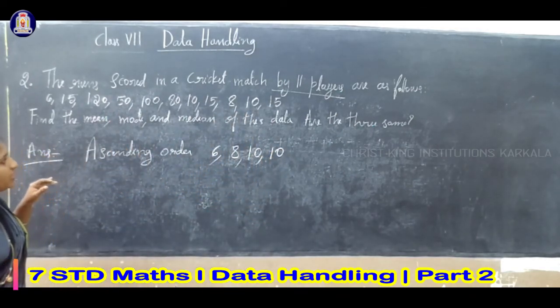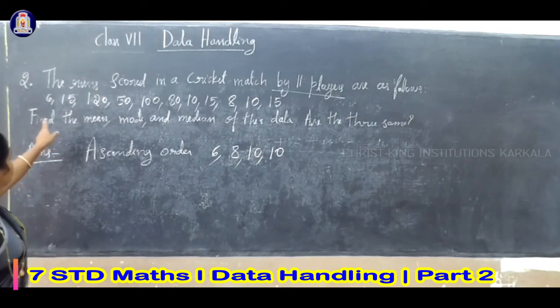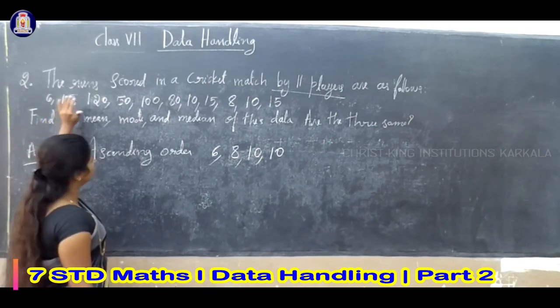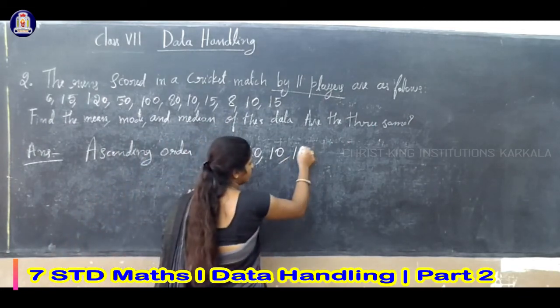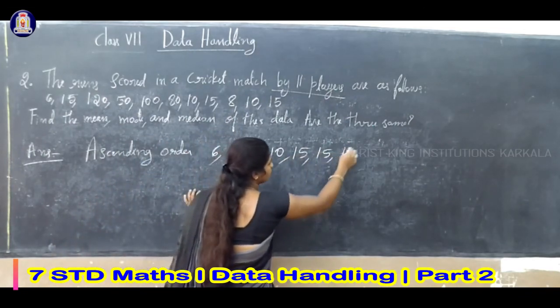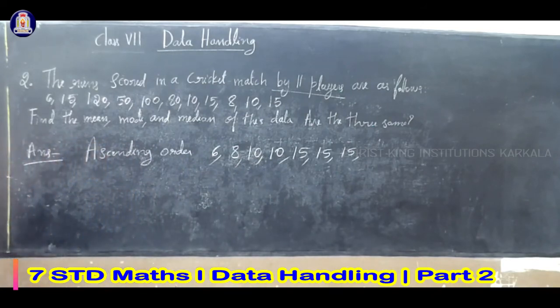So 10 comma 10. The next number after 10, I think, is 15. 15 appears 1, 2, 3. 3 times 15 appears, right? So write 15 comma 15 comma 15. So the next number after 15. We can see the next number, that is 50. Is it correct? Yes, 15 and 100.